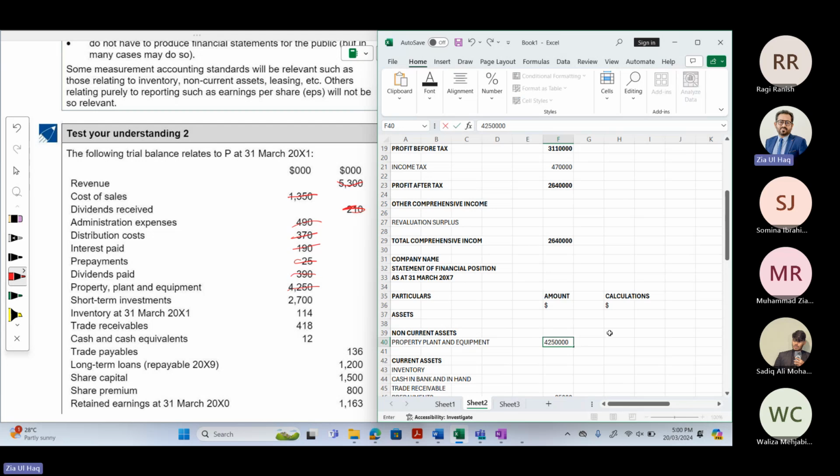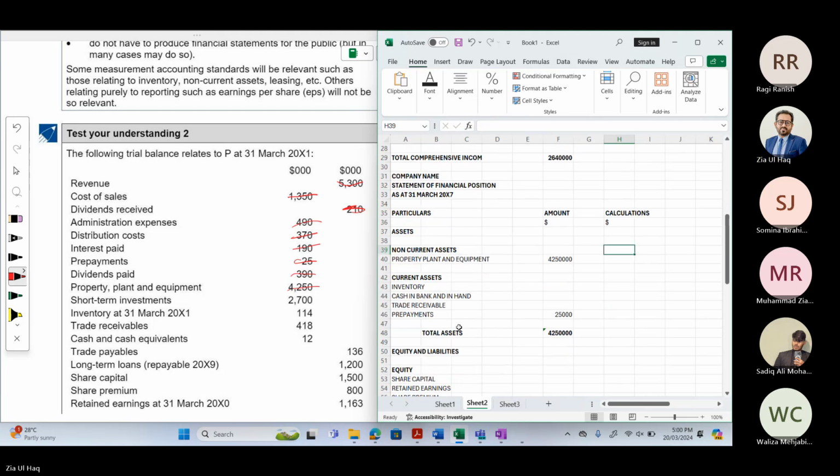Okay, short-term investment is there. So we can put short-term investment here. How much is that? 2,700,000.